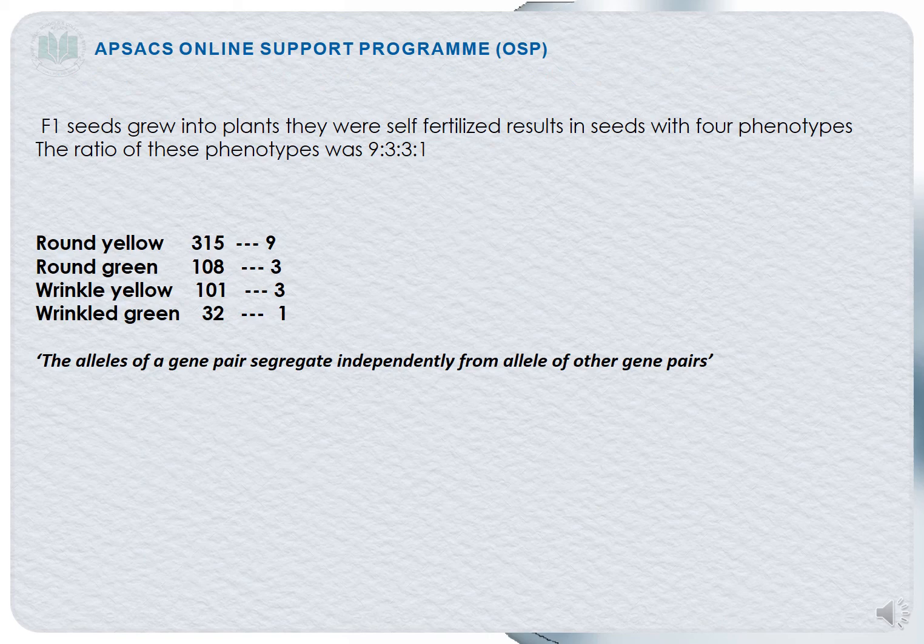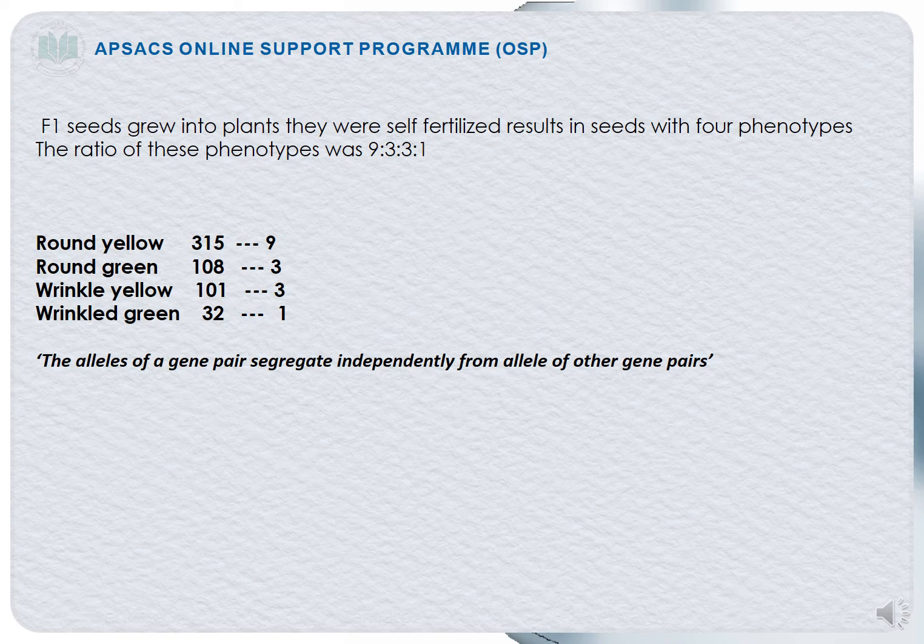So the self-fertilization of F1 seeds results in 4 phenotypes: round yellow, round green, wrinkle yellow and wrinkle green, and the ratio of these phenotypes is 9:3:3:1. So coming towards the law, it says that the alleles of the gene pair segregate independently from the alleles of the other gene pair.